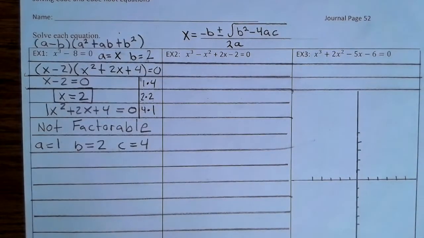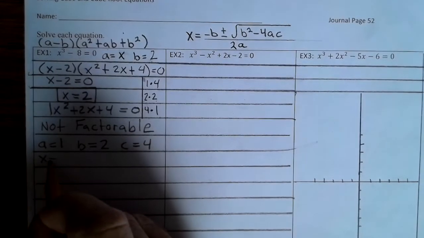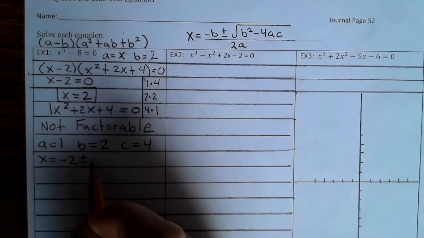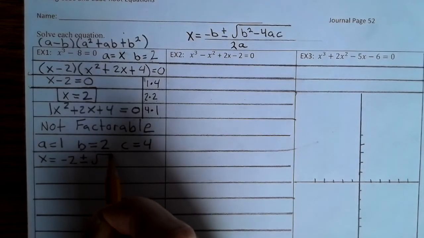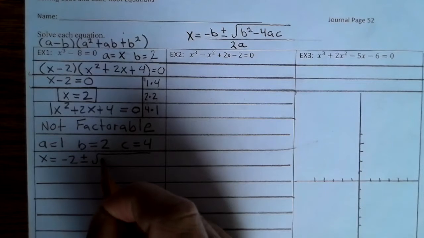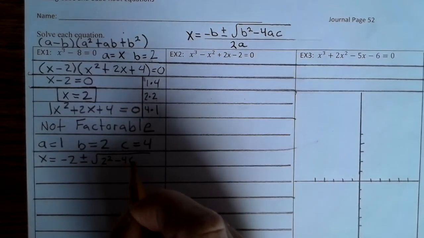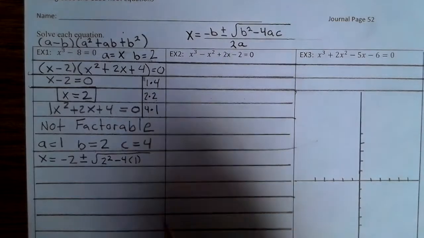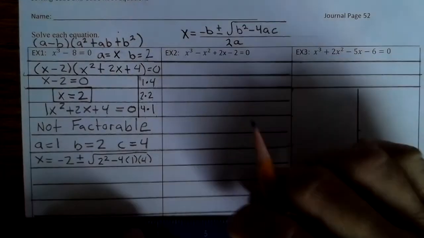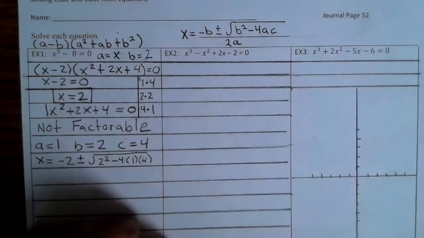So x equals -2 plus or minus the square root of 2 squared minus 4 times 1 times 4 divided by 2 times 1.